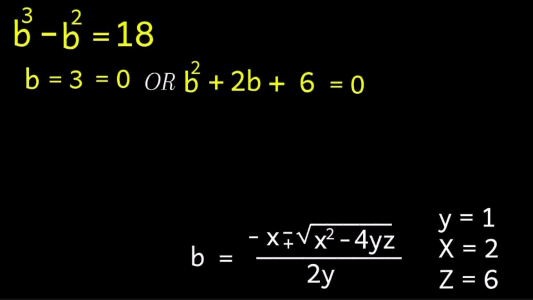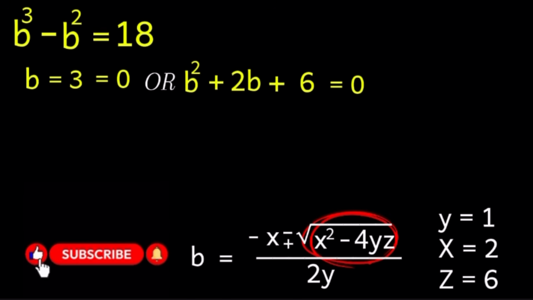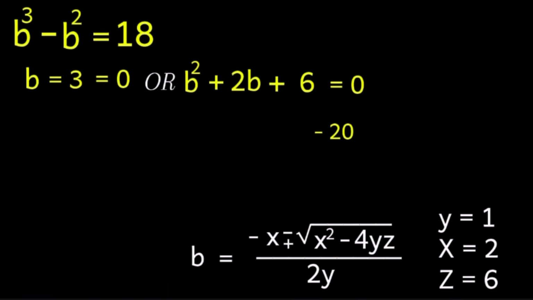Let's carefully compute the discriminant. x squared minus 4yz equals 4 minus 24, giving negative 20. Since the discriminant is negative, we know we have two complex roots. Let's continue slowly. b equals negative 2 plus or minus square root of negative 20, divided by 2.